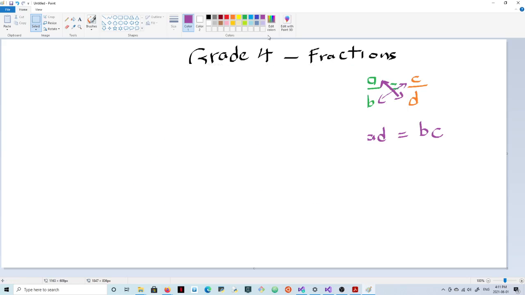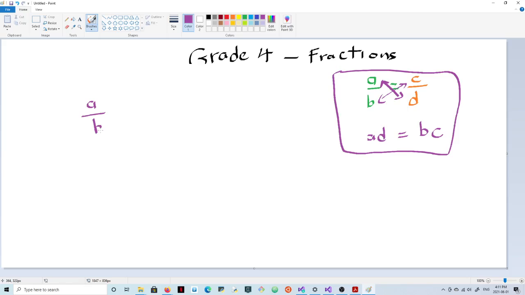Get rid of that. So I'm saying that this here, right? We want to prove this. How I came up with this. Now think of this. A upon B is equal to C upon D. If I multiply both sides by B, what will I have?